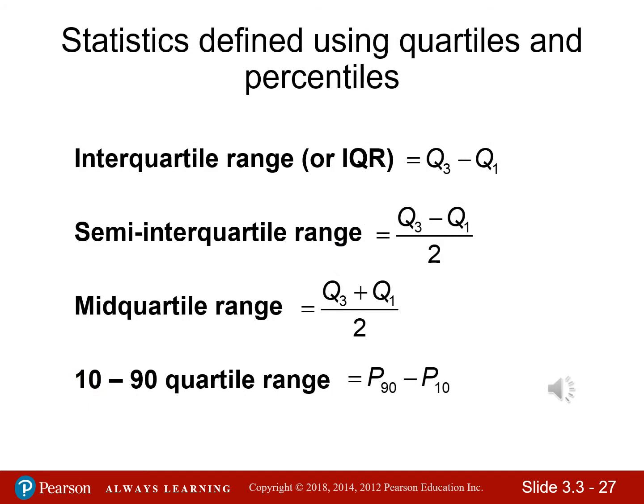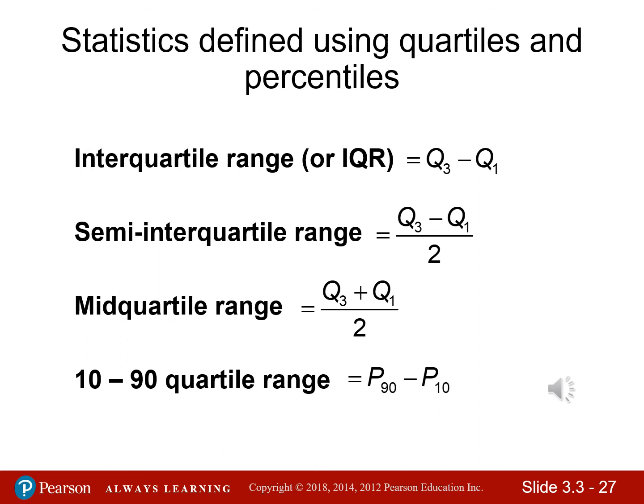In previous sections, we described several statistics, including the mean, median, mode, range, and standard deviation. Here we'll look at other statistics that are defined using quartiles and percentiles. The first is the interquartile range, or IQR, and it's simply the difference between the third quartile and the first quartile.